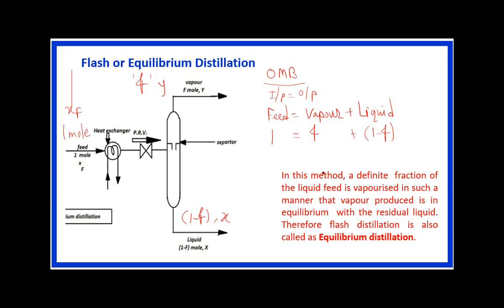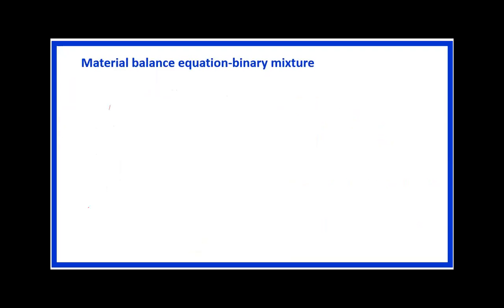And for the individual material balance of more volatile component, we can write this material balance equation in terms of individual material balance. So from this diagram, we can write the individual material balance for MVC.